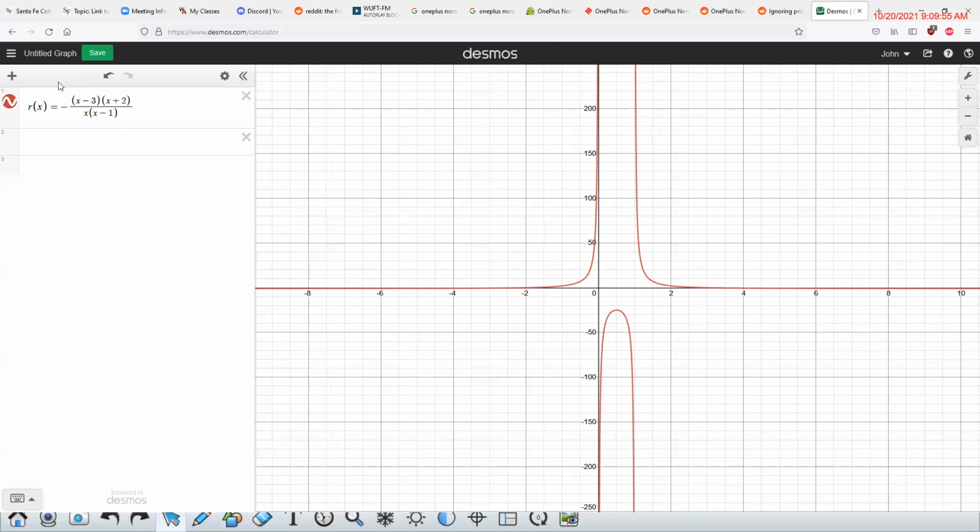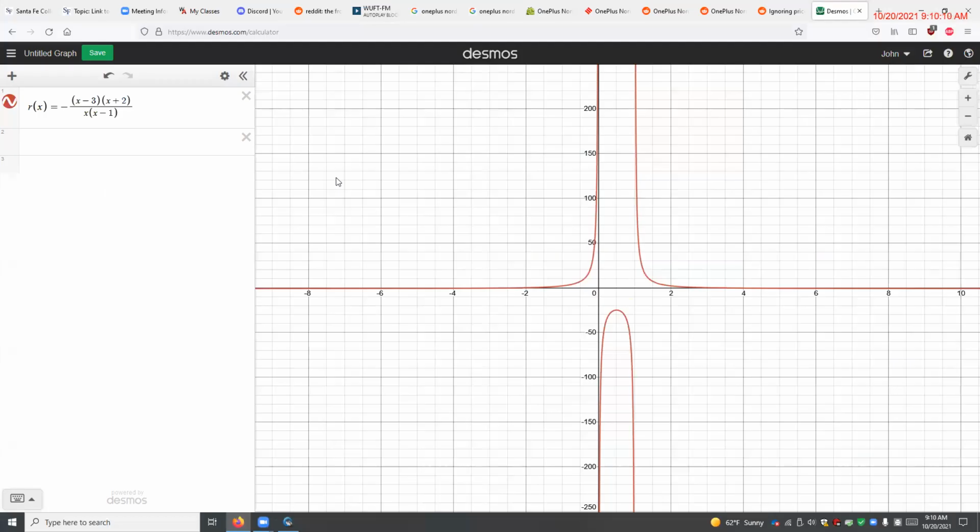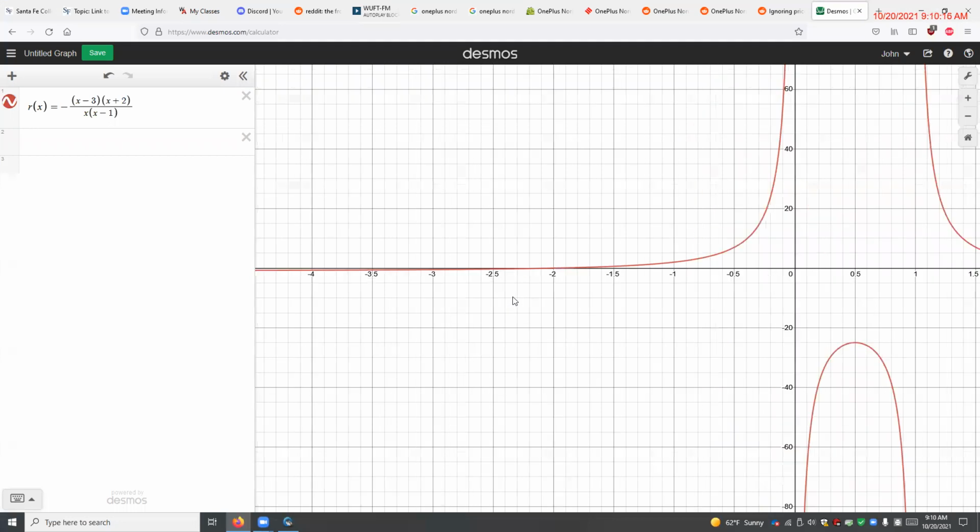And we were looking for places where this function is positive, right? We said this function is positive from -2 to 0, including -2, and from 1 to 3, including 3. So from -2 to 0, where is that? That's here. And if you zoom in, you'll see that at -2, this thing goes from being negative, right here, these are negative values, to positive, right here, these y values are positive.